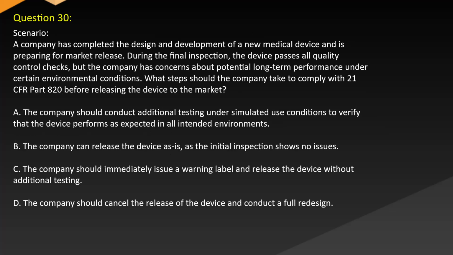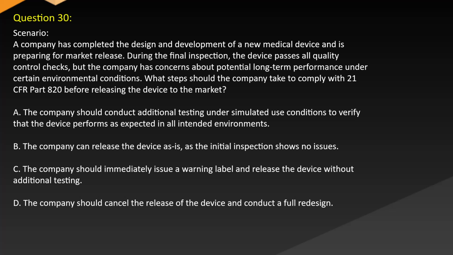Question 30. Scenario: a company has completed the design and development of a new medical device and is preparing for market release. During the final inspection, the device passes all quality control checks, but the company has concerns about potential long-term performance under certain environmental conditions. What steps should the company take to comply with 21 CFR Part 820 before releasing the device to the market?